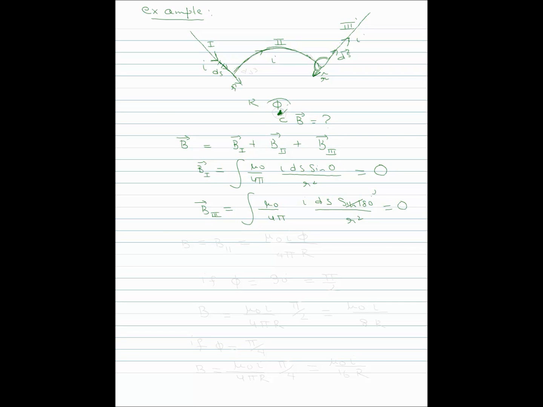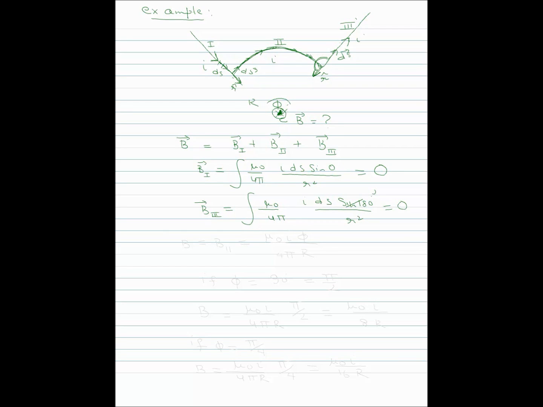So then the total contribution at point C is only due to this current element, and we just figured out how to find the magnetic field due to that. Let's think about the direction. Notice that here ds is going to be pointing this way, and r hat is going to be like this. And so if you do ds cross r hat, you will see that the magnetic field is pointing into the paper, and that will be due to all the ds's that make up this arc.